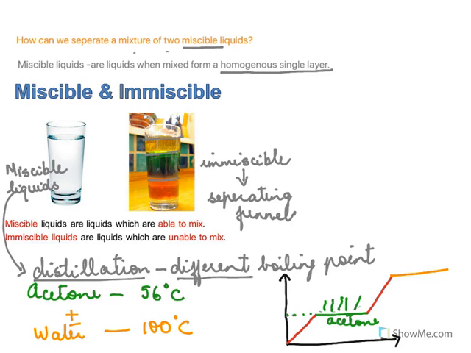After all the acetone has vaporized, the temperature will begin to rise again to about 100 degrees Celsius, and the water will then become vapor. So this property of difference in boiling point is used in distillation to separate the components.